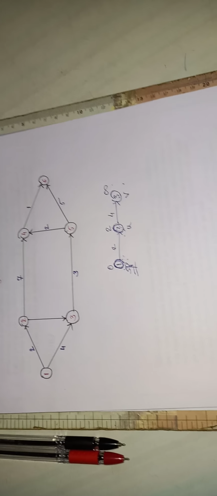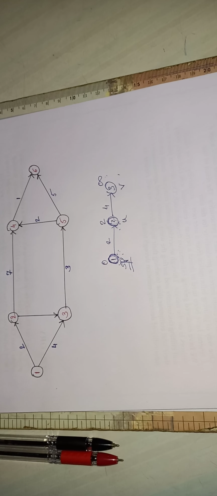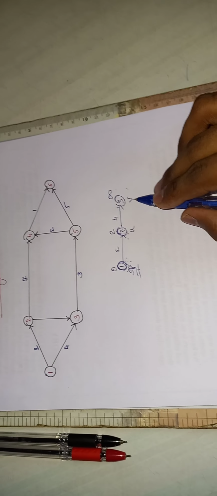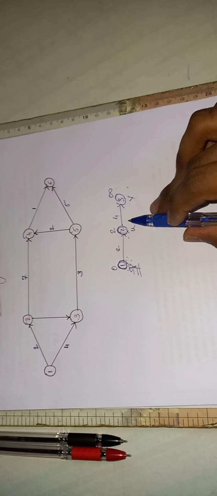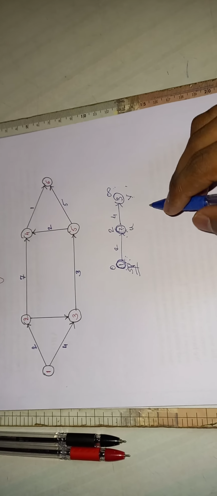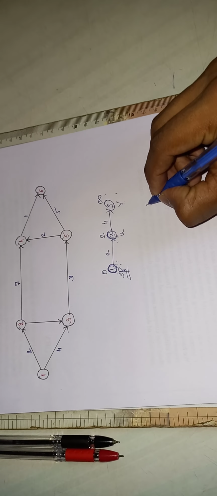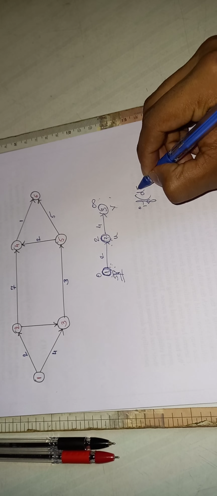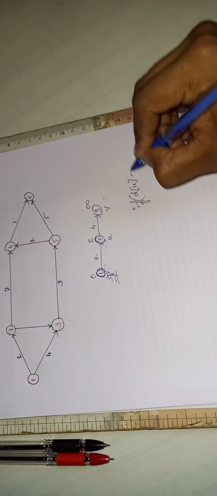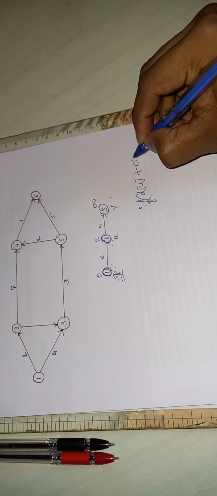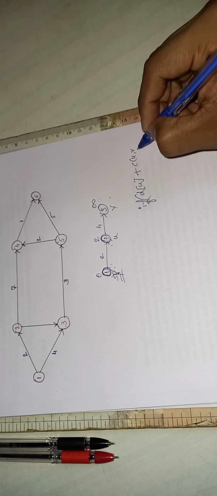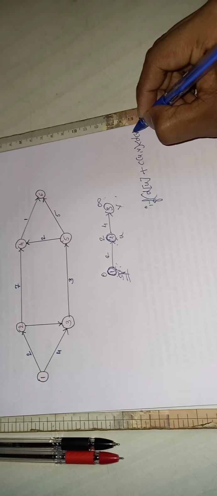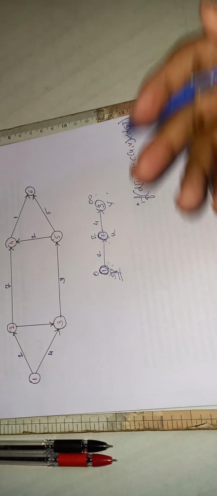Now the condition is: if the distance of v is greater than the new cost, we are allowed to replace it. What does relaxation say? If the distance of u plus the cost of the edge, where the edge is the pair u and v, is less than the distance of v, then we are allowed to update.